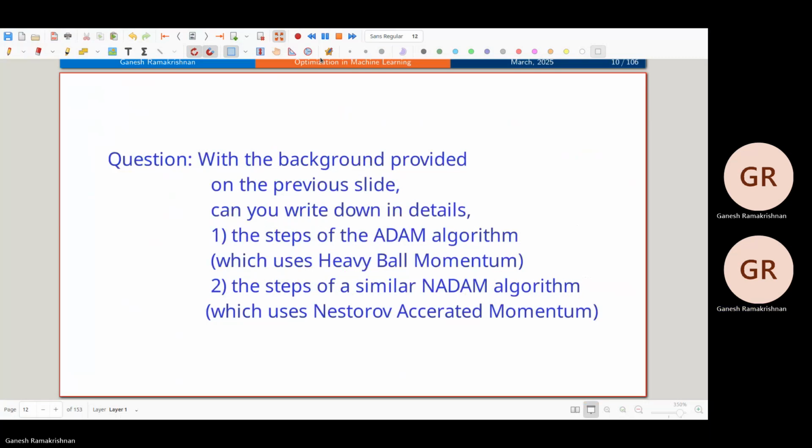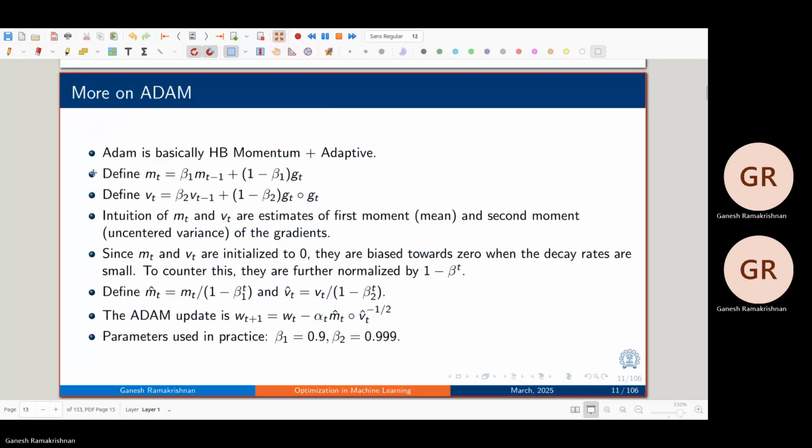Like we have at particular time t, we have a previous value. Then we calculate the given particular formula. Right.